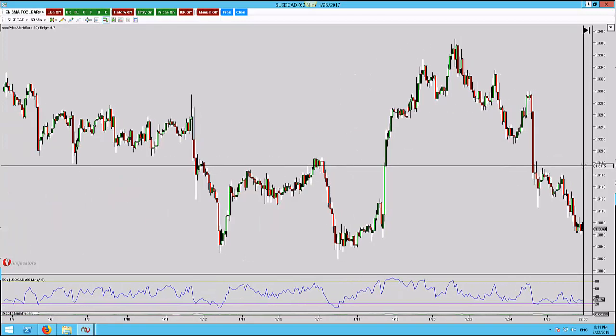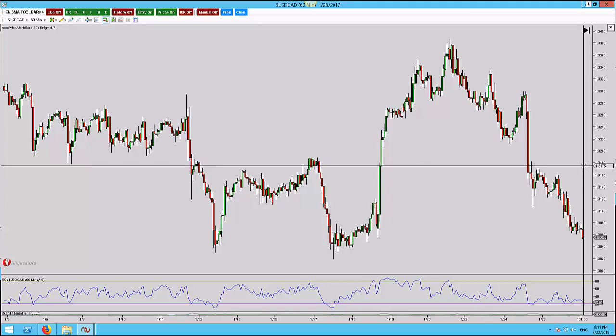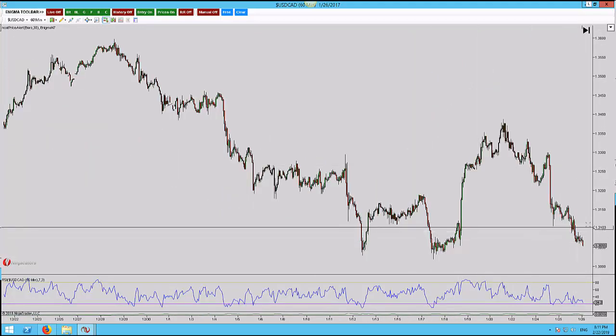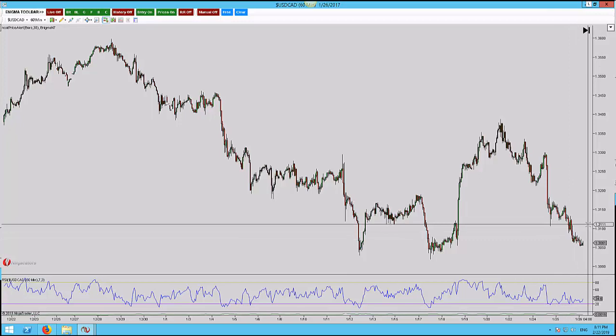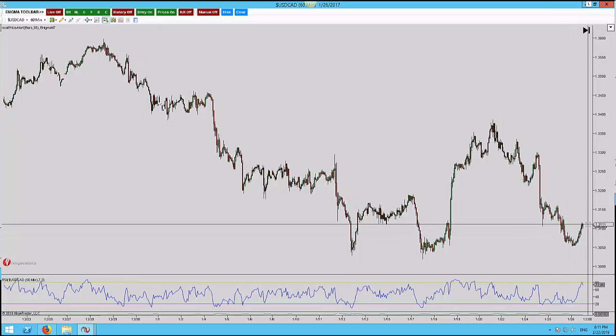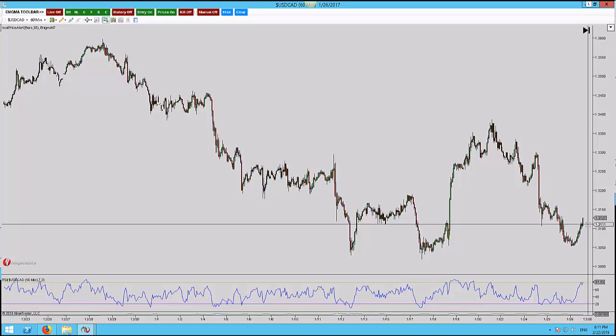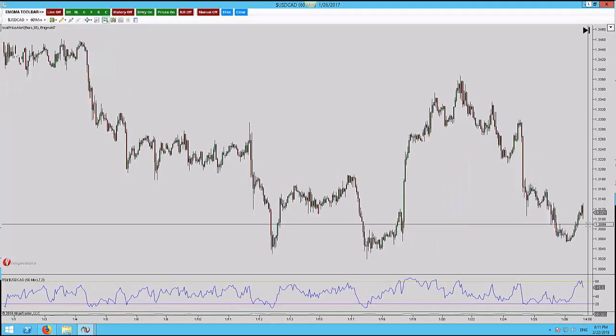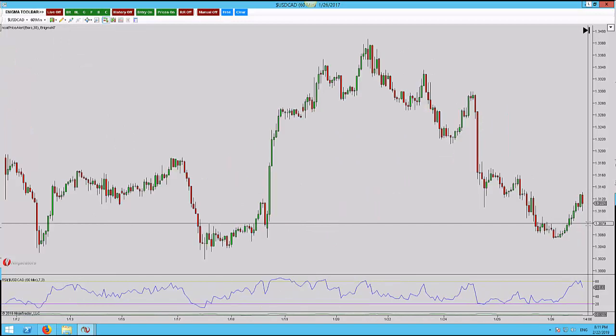Let's move on. On the dailies, we're working our way down to this structure level, which is this one just here. We're not moving in a way that's likely to give me any type of, oh, in saying that, on the dailies we haven't retested the lows, so we could actually see a potential trade here, and I'll show you what I mean.